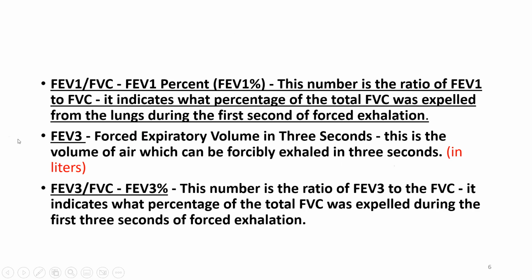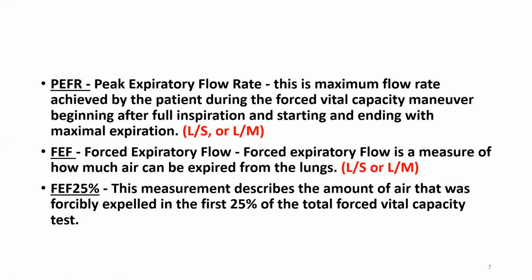There are other parameters like FEV3 and the ratio of FEV3 to forced vital capacity, which is not our concern today. The peak expiratory flow rate is the maximal flow rate achieved by the patient during the forced vital capacity maneuver, beginning after full inspiration, starting and ending with the maximal expiration.